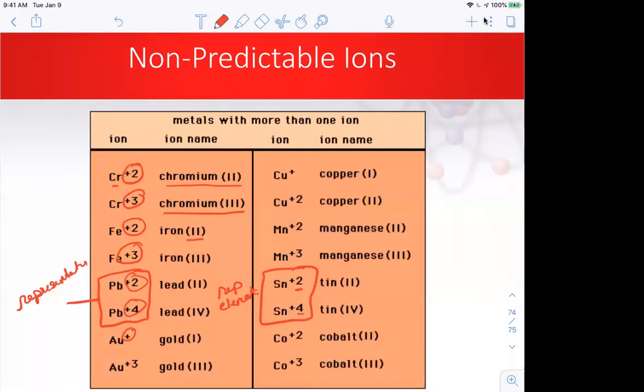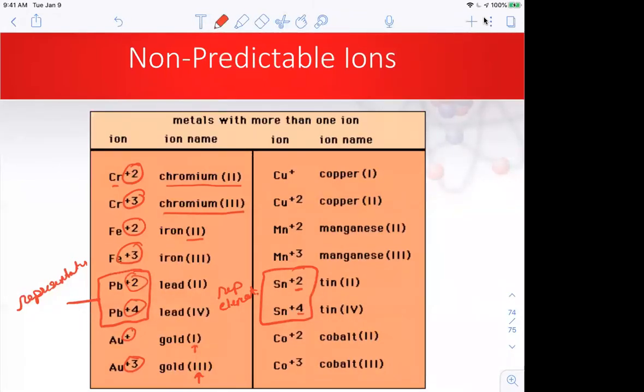Gold can be +1 or +3. Notice these parentheses contain a Roman numeral. The Roman numeral is actually indicative of the charge that is formed by the loss of a particular number of electrons. Gold(I) loses 1 electron and becomes +1.